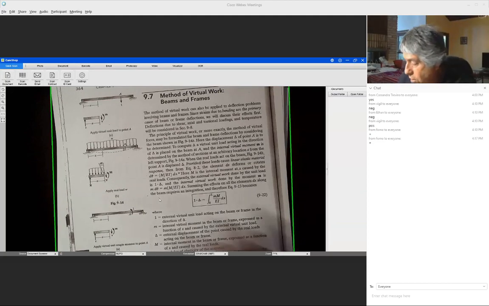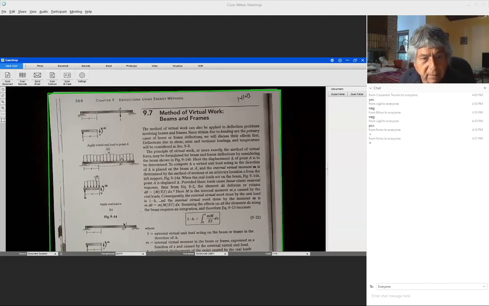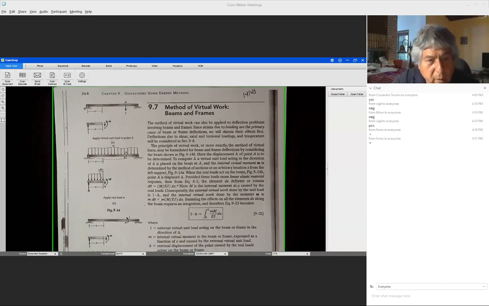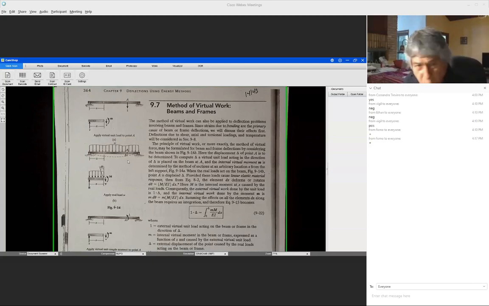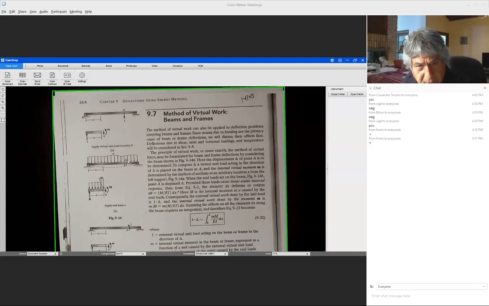Externally, the work is the force times the distance. Whenever we had a load and created deflection, the force moves through that deflection. So the external work is the force times the distance traveled by the force. This virtual work is very simple.